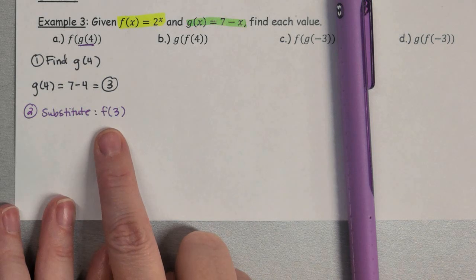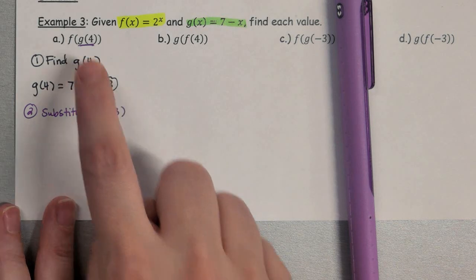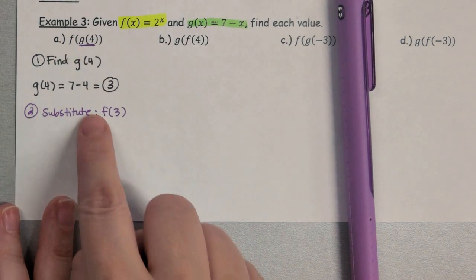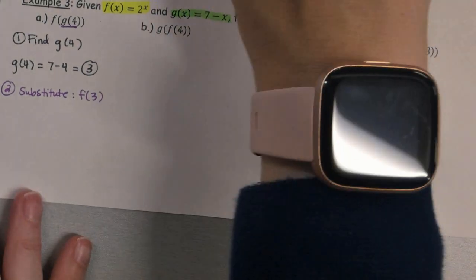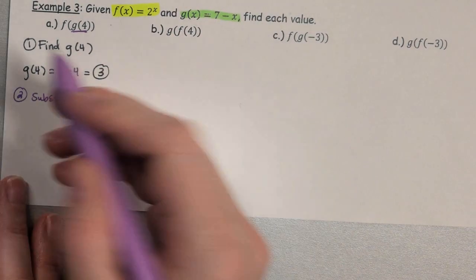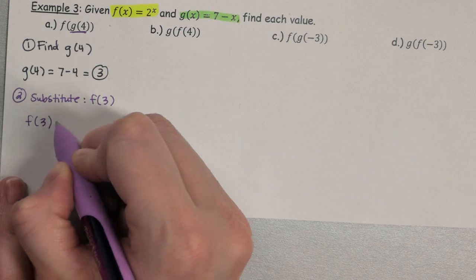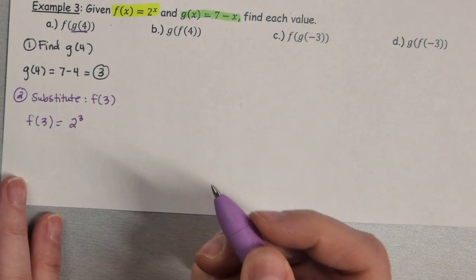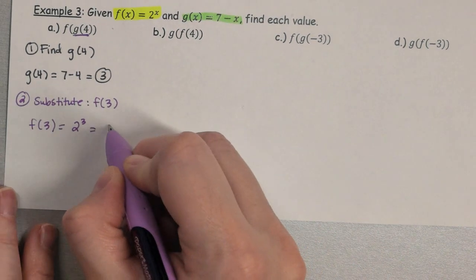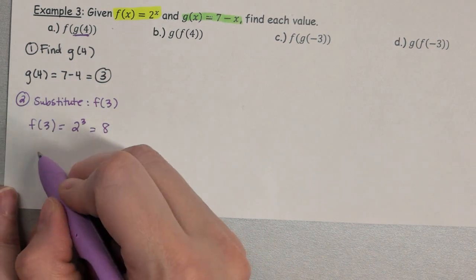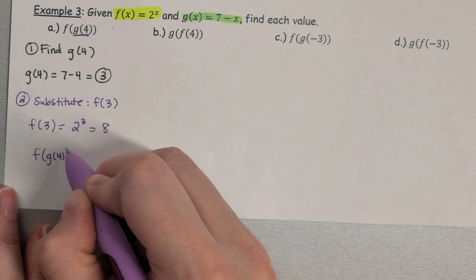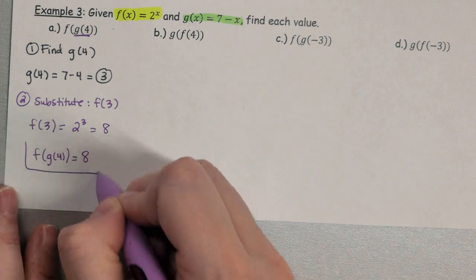Do you guys have a question about that? So whatever you find in step 1, you're substituting that in. So now we can just find f of 3. So f of x is 2 to the x. So f of 3 is 2 to the 3rd, which is going to be what? 8. So then your final answer, f of g of 4 is equal to 8.